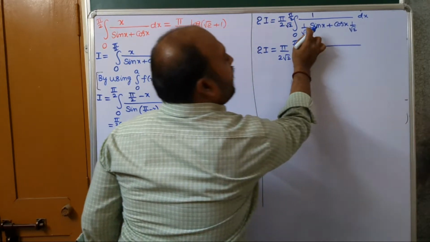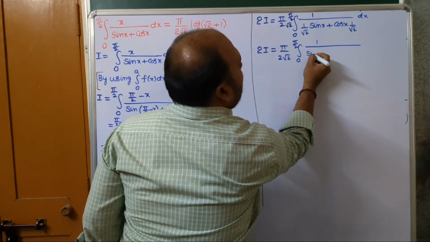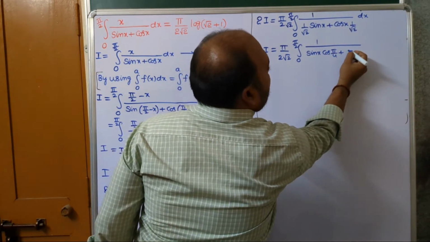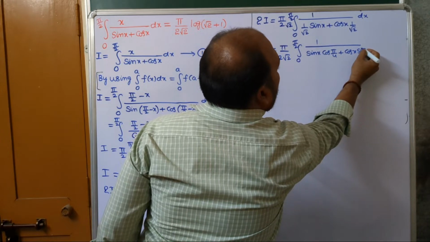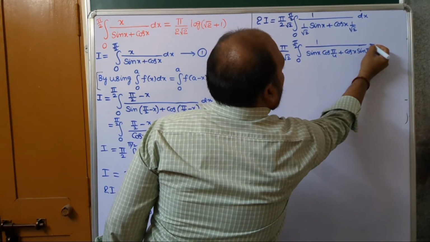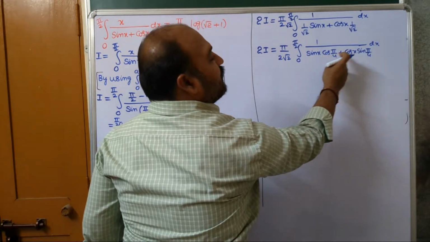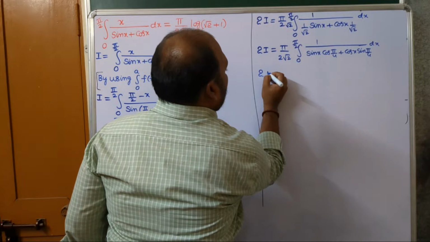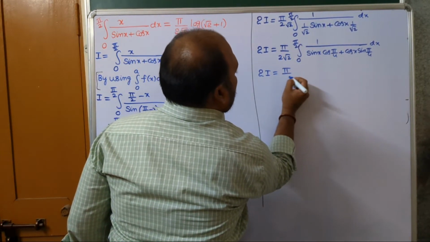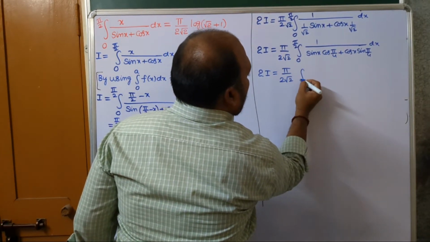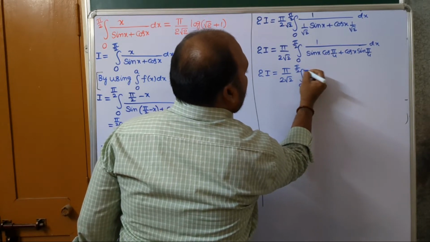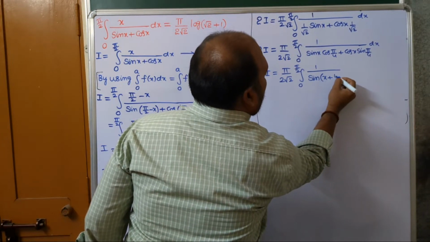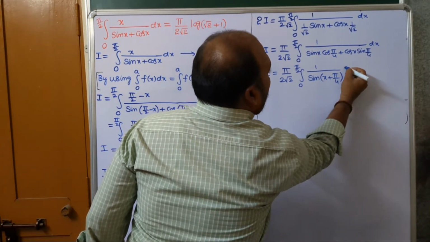1 by, here 1 by root 2 is sin x into cos pi by 4 plus cos x into sin pi by 4, into dx. Sin a cos b plus cos a sin b is sin of (a plus b). So 2I is equal to pi by 2 root 2 integral 0 to pi by 2, 1 by sin of (x plus pi by 4) into dx.